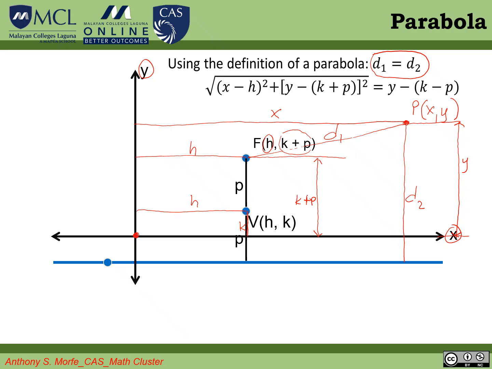Imagine, class, that this point is here. Then we have this distance equal to this distance. But if you bring this point here, this distance is equal to this distance also. So we can say that if this is p, therefore, what is this distance?